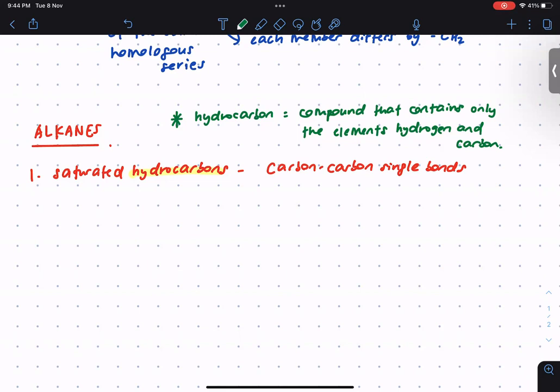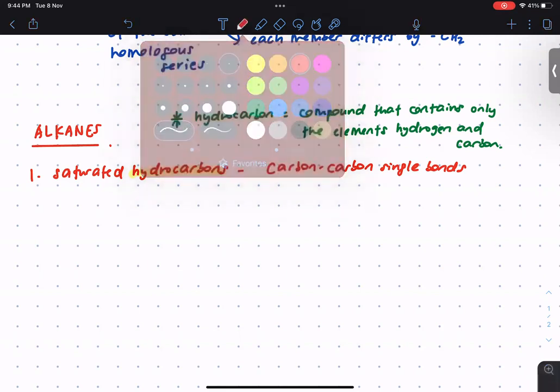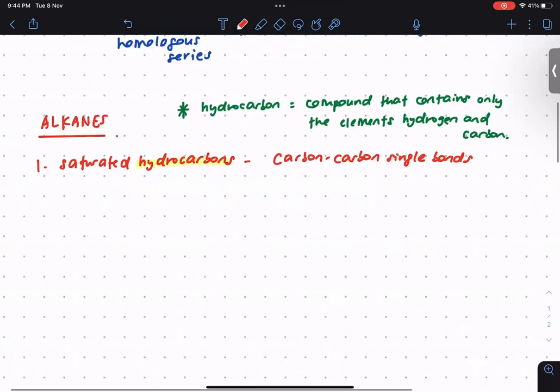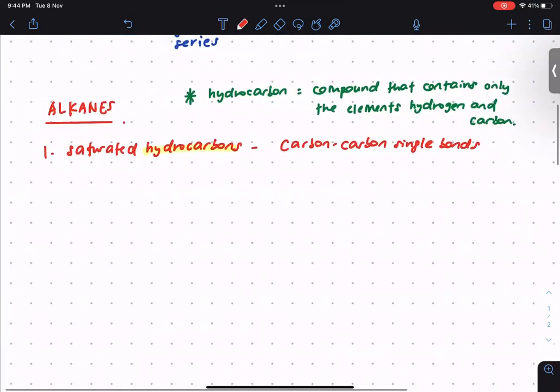Okay, and then the second thing about the alkanes is that they have no apparent functional group besides the carbon-carbon single bond. All right, so we're going to talk about the general formula now.